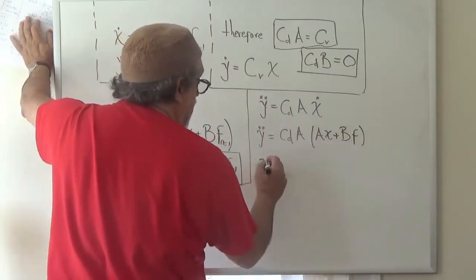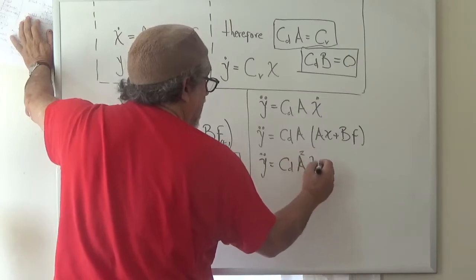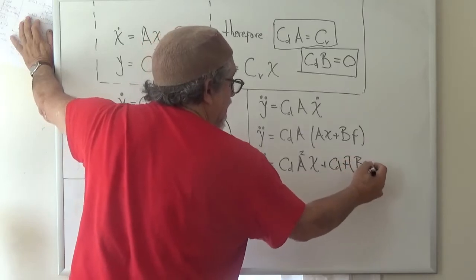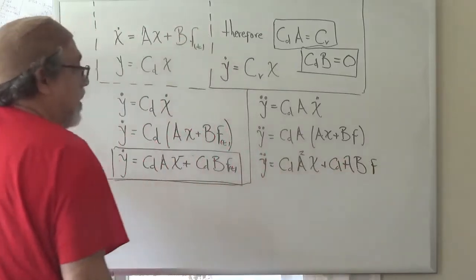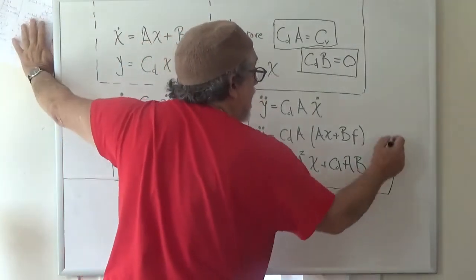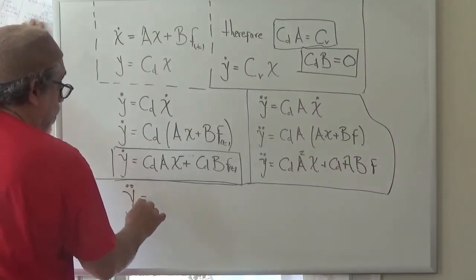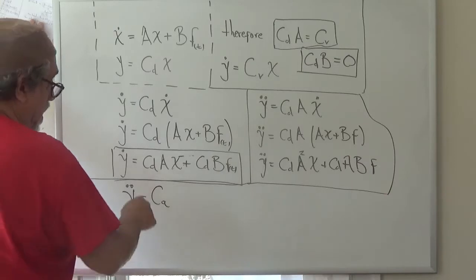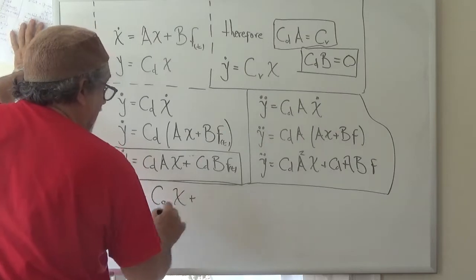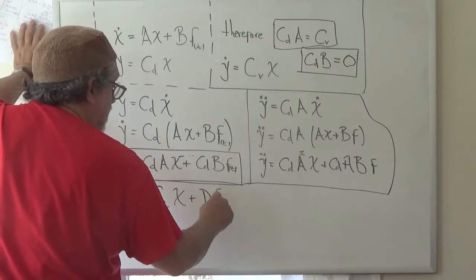Therefore, y double dot is equal to CD A squared x plus CD A B F, right? Had we measured accelerations directly and actually written the equation, we would have written that y double dot would be c of the acceleration, right? Whatever the acceleration state to output is, times x, and that perhaps we would have had a direct transmission term that we would write as d times f, right?